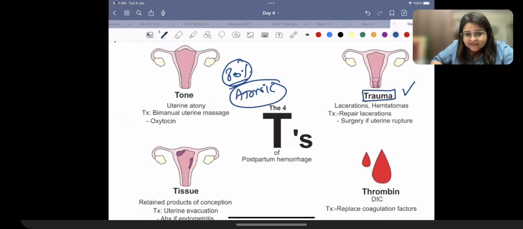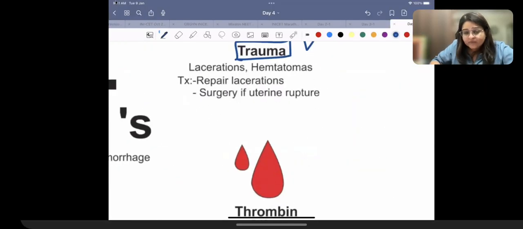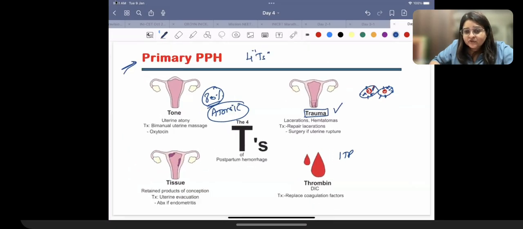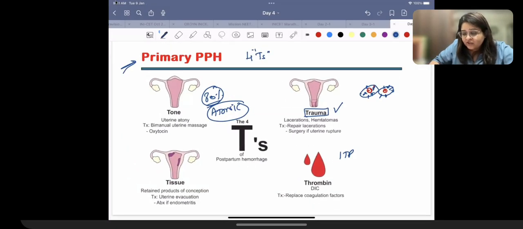That is retained placenta. And then you have thrombin. What is thrombin? For example, the patient has a coagulopathy. She's a known case of ITP or thrombocytopenia or HELLP syndrome where there's thrombocytopenia. So you have thrombin as a cause. So you have the 4 T's of postpartum hemorrhage.